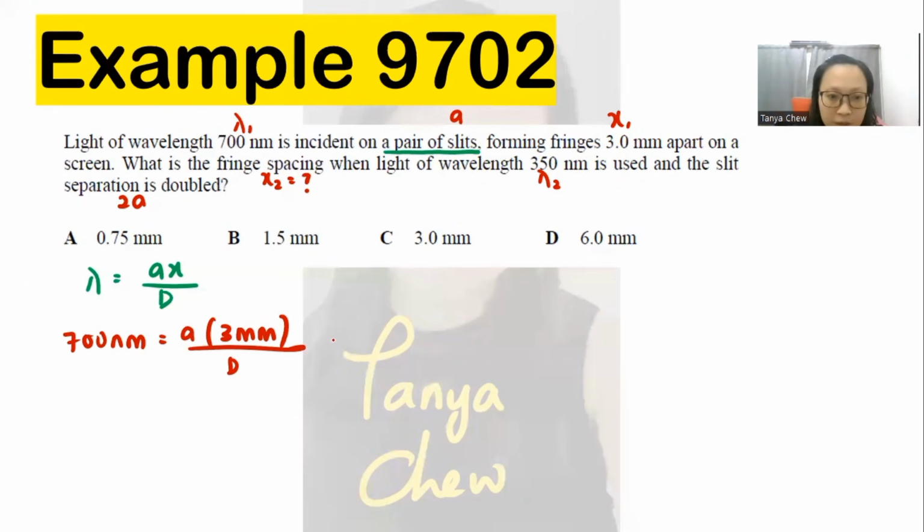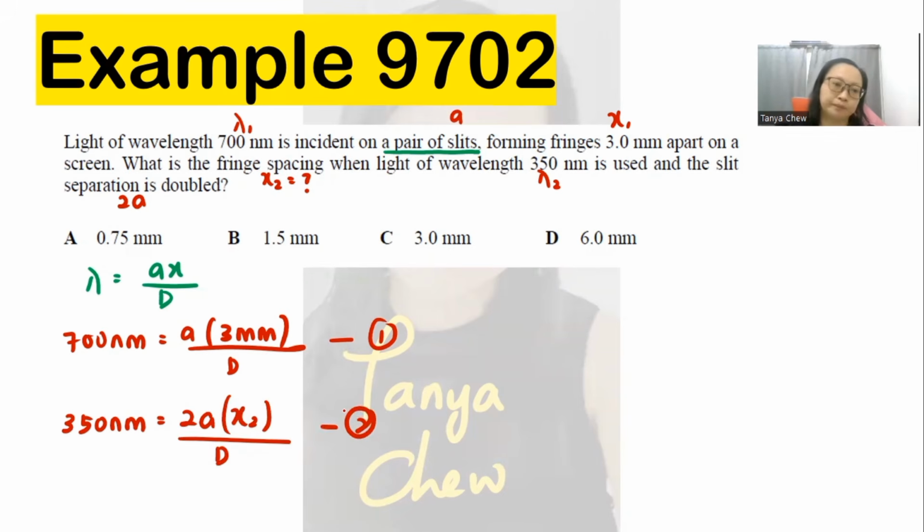This is my first equation. My second equation is 350 nanometer is equal to 2A. Remember, the slit separation is double, so this is 2A. And I put here x2 over D. This is the second equation.